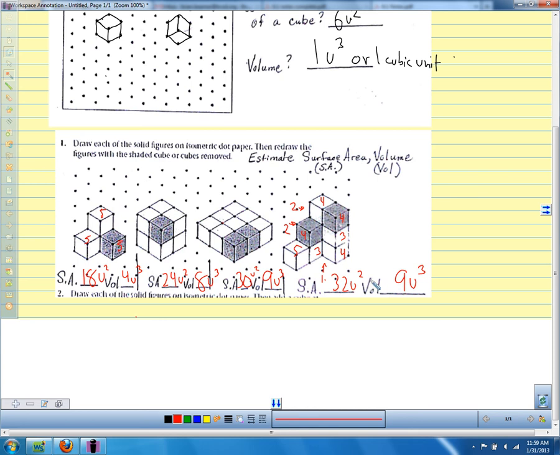So for volume with these shapes made of cubes, we just count the cubes. For surface area, we count how many squares are on the outside, and under, right? Anything that, if you could turn it, if you could look at it, you're counting all those squares.